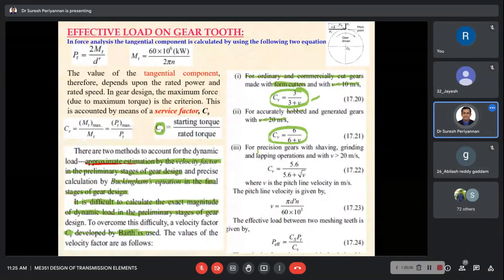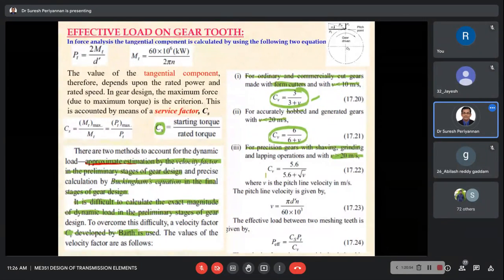Similarly, for precision gears with shaving, grinding and lapping operations, the gear rotation, I mean the pitch line velocity, is above 20 meter per second.